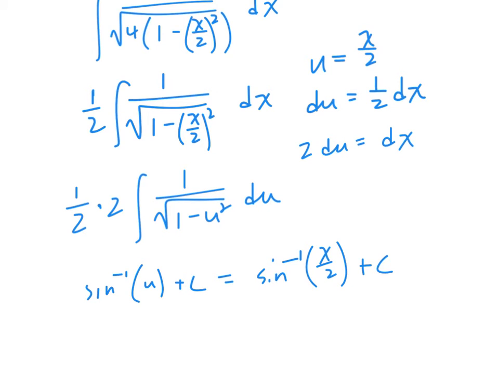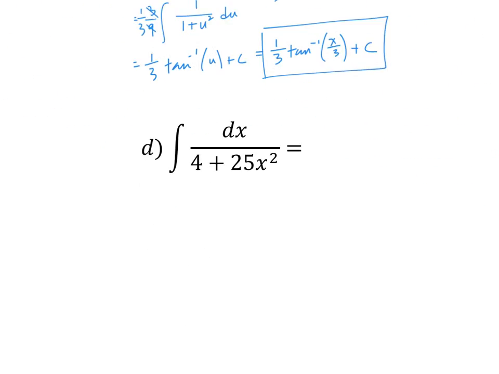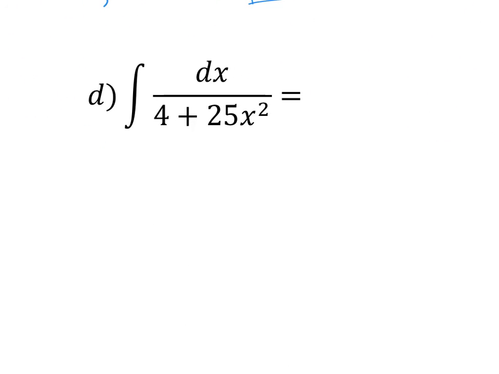All right, let's do a not too hard one. Okay, let's try this one. Which form does this one look like? Inverse tangent, yeah. Okay, again, make sure you're making it look like the 1 over 1 plus u squared.